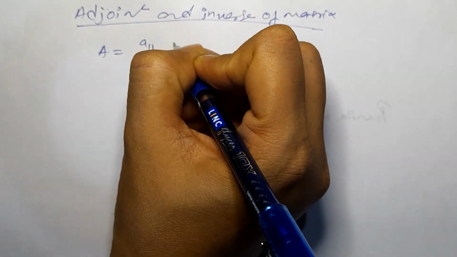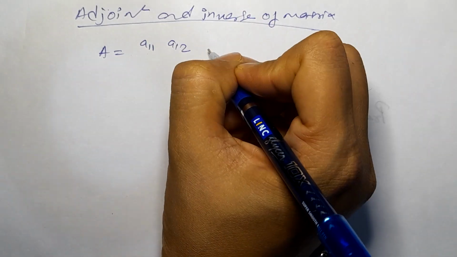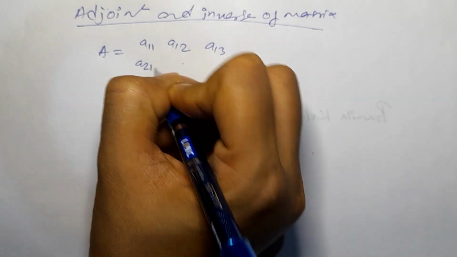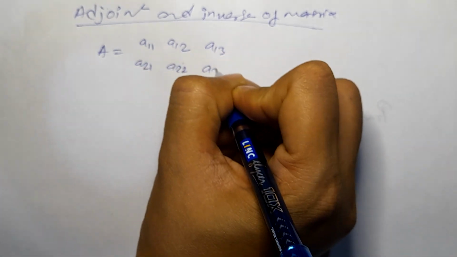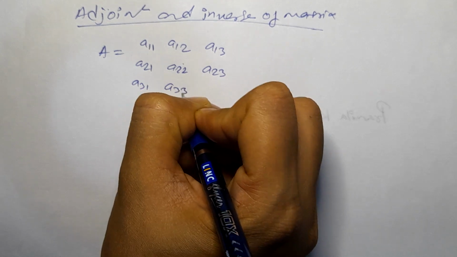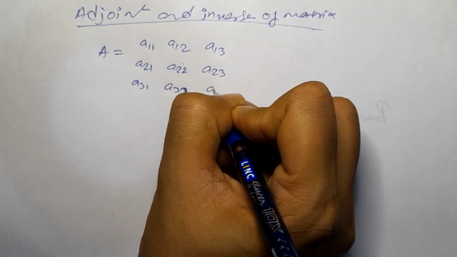So these are the elements a11, a12, a13, a21, a22, a23. These are the elements a31, a32, a33.